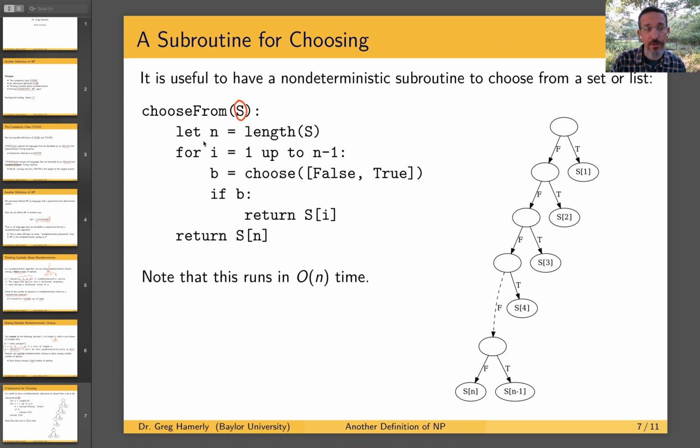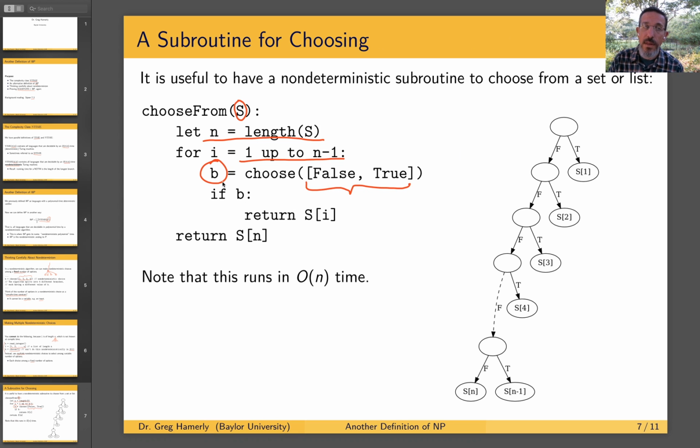And that's what this algorithm does. It says, let's first compute the length of the list that we're choosing from, and then it loops up to n minus 1 times. Each time it loops, it makes a non-deterministic choice among just two options, which is a fixed number of options, and it lets B be the Boolean value, either false or true.